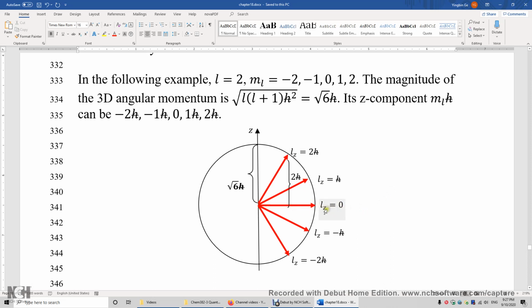The particle only rotates about the x and the y-axis. But in general, the particle rotates about the x, y, and z axis at the same time. However, it's impossible to determine Lx and Ly simultaneously, or Ly and Lz, or Lz and Lx. It is possible to determine the magnitude of the three-dimensional angular momentum and the z component as illustrated in this picture.